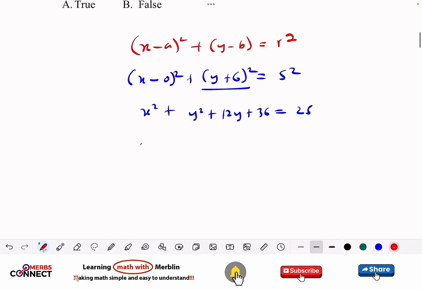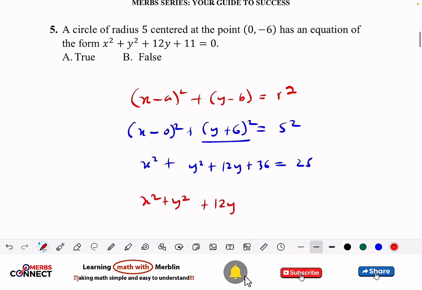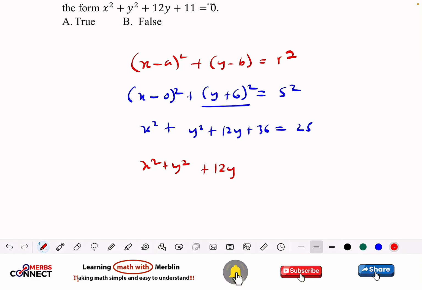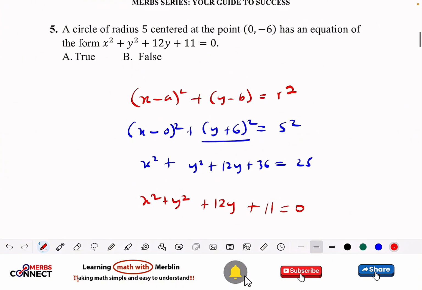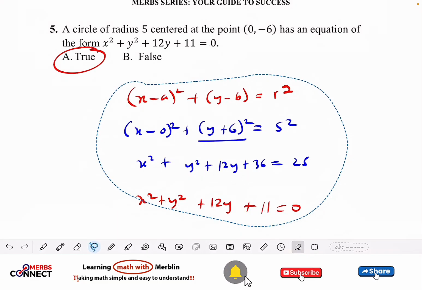So this is going to give us x squared plus y squared plus 12y, and then move 25 to the left, and 36 minus 25 is going to give us 11. And let's compare. Yes, this is true.